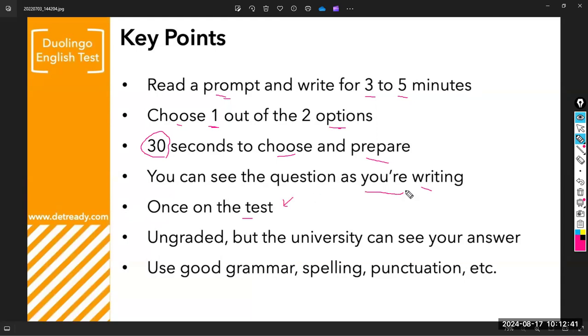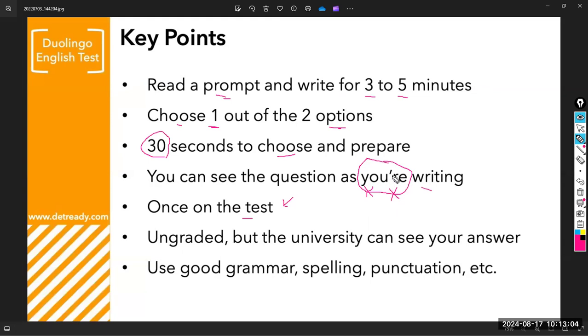There is something, guys, you have to be careful about while writing, not only in writing, but also in speaking. Avoid using contractions. Avoid using abbreviations. Keep in mind that the Duolingo exam is a formal exam. Because it is formal, don't use abbreviations at all.